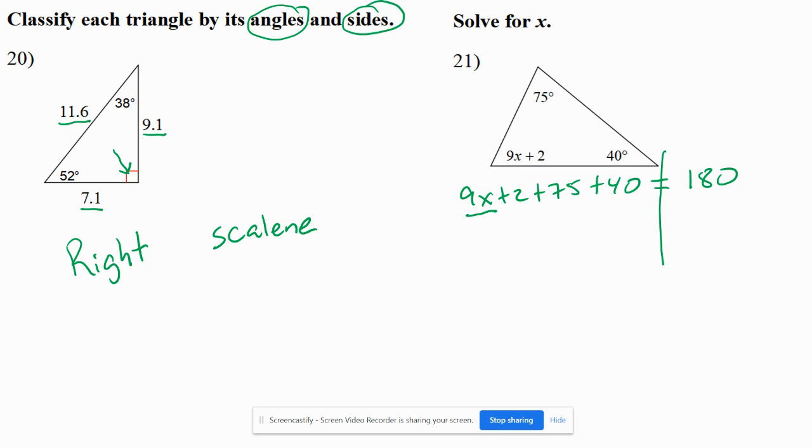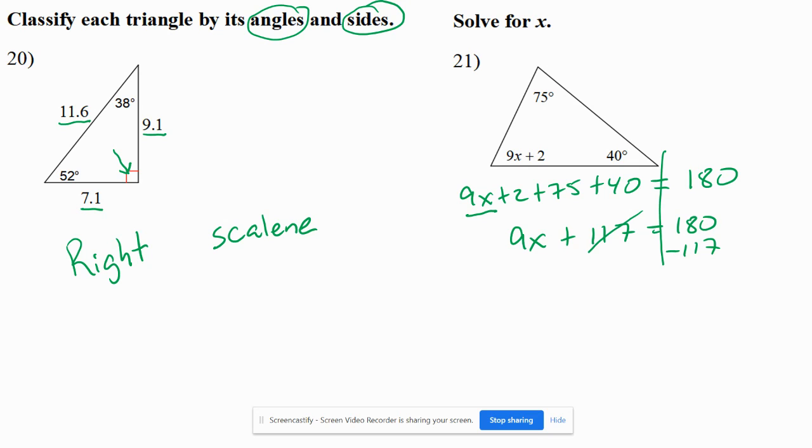I see that I only have one term that has an x, so I'm just going to copy it, 9x. Now the others, 2 plus 75 plus 40, add them up, that should give you 117. This is equal to 180. To get the x by itself, I'm going to move the 117 over.